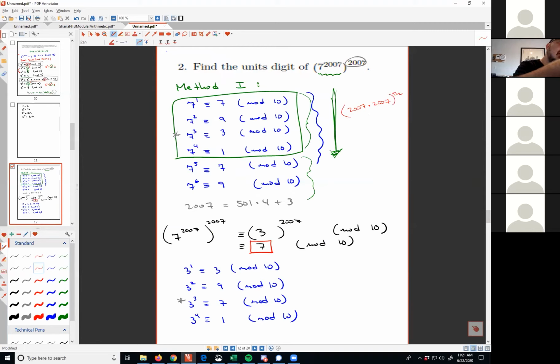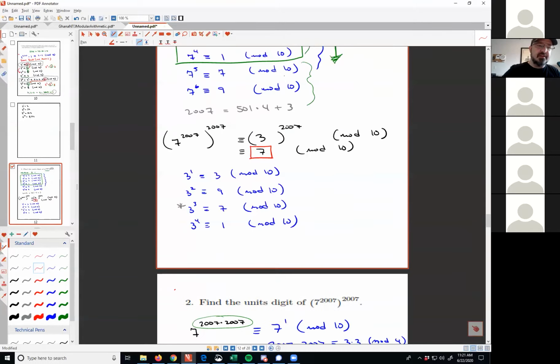The 2007 times 2007th remainder in this list. But they come in multiples of 4. So I can disregard multiples of 4 and just take the remainder when I multiply 2007 times 2007.